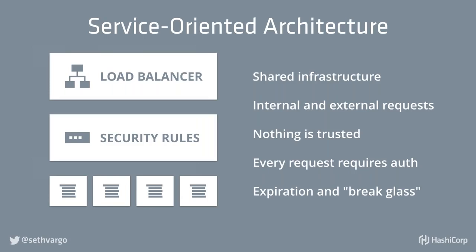The biggest security threats in these environments are actually unauthorized access, unauthenticated API endpoints, long-lasting and unrotated credentials, and lack of a break glass procedure. And what do we mean by break glass procedure?